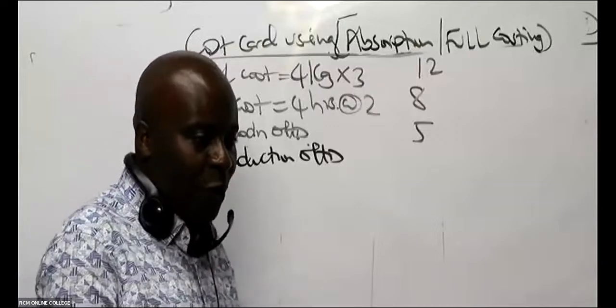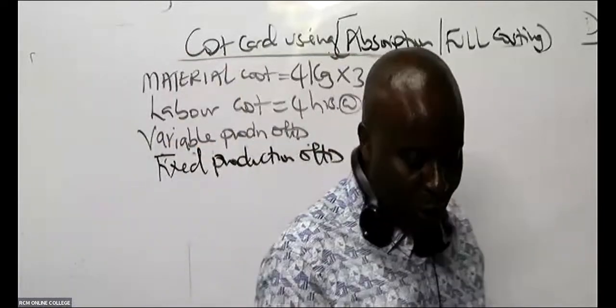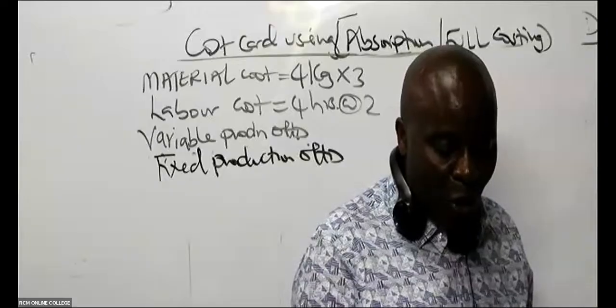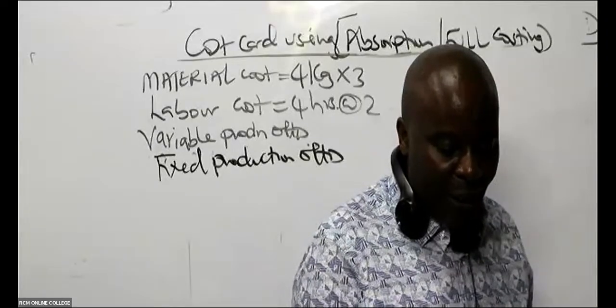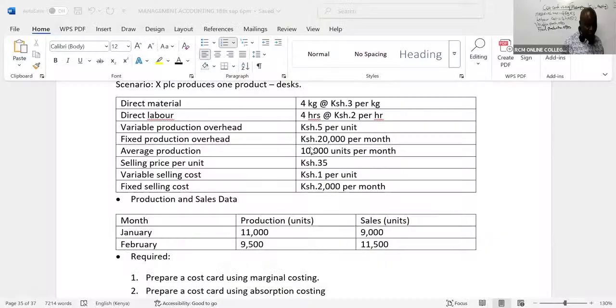The 20,000 is for a whole month. And within that month, you expect to produce how many units? So you can see fixed production overhead is Kenya shillings 20,000 per month, and in that month, the average production per month is 10,000.